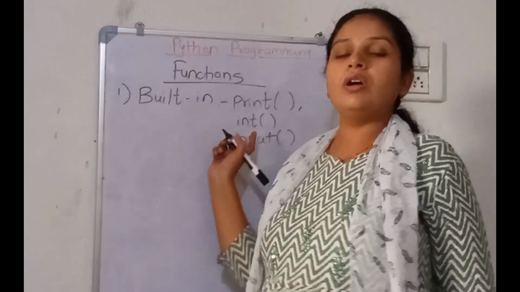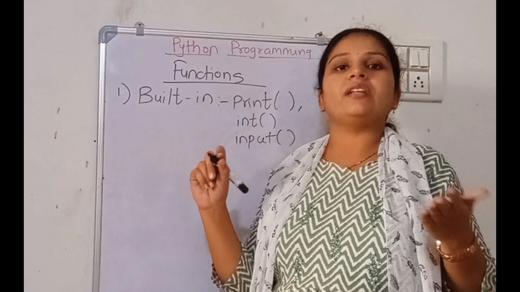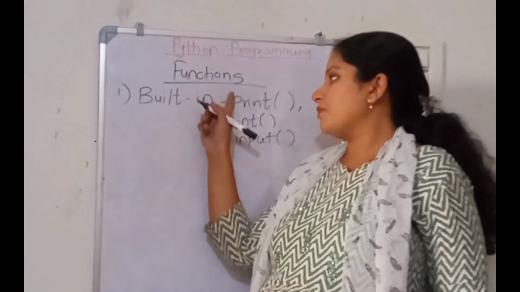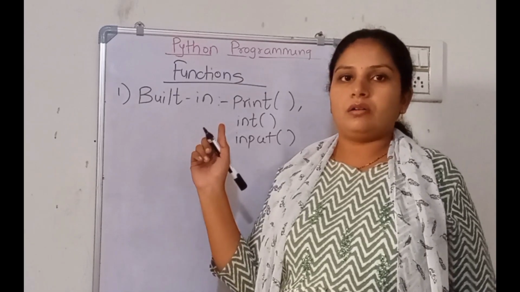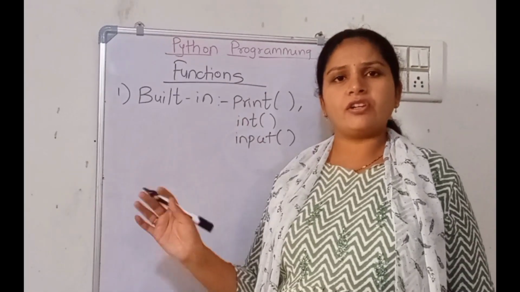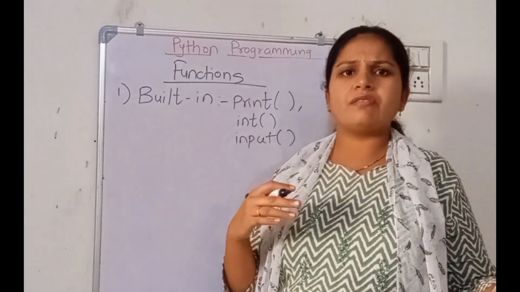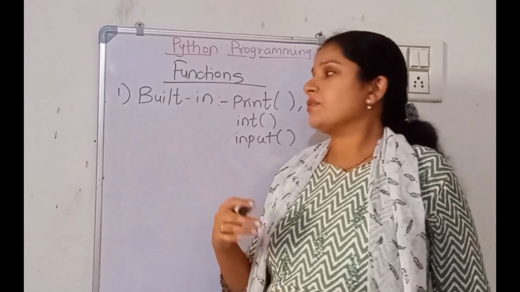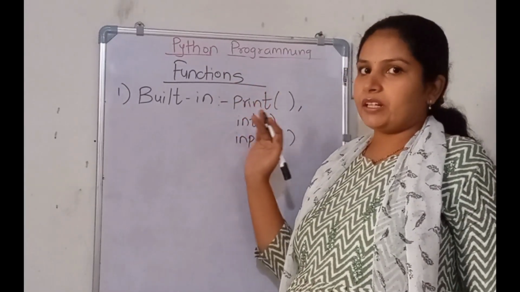This one is also very familiar and very frequently used because you need to take the input value from the user. We have seen all these three functions already in our last sessions, and there are several functions built into Python, which we are going to see one by one when the program comes. But basically we have seen these main built-in functions.